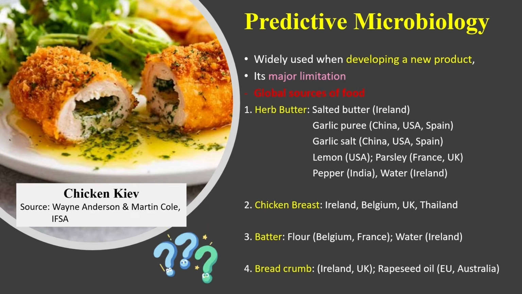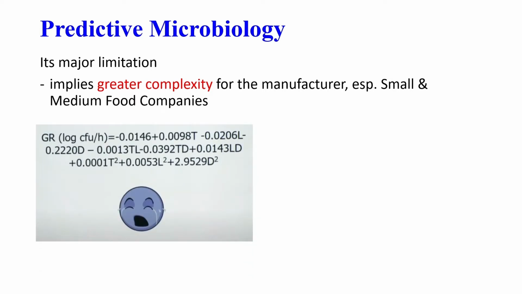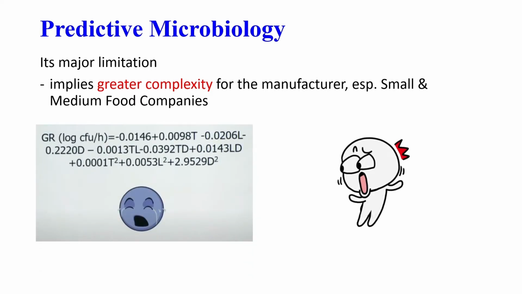How are we going to predict in these conditions, when the sources are from the whole world? Then another major limitation is it implies greater complexity for the manufacturers, especially for the small and medium food companies. The food manufacturers will not know what this is.